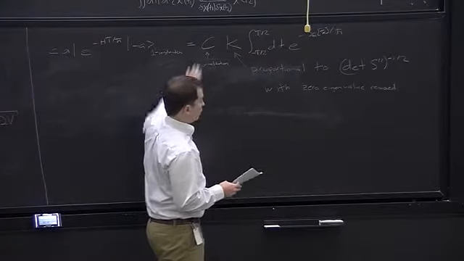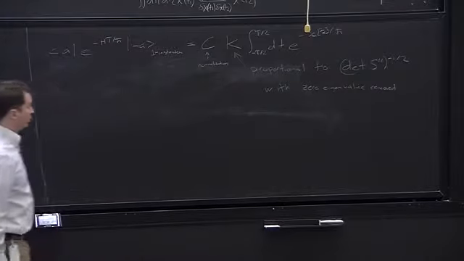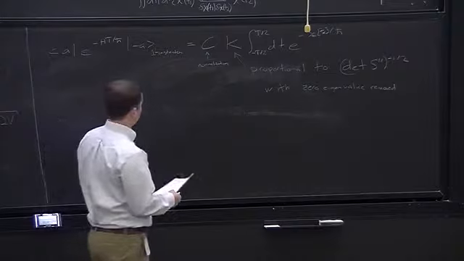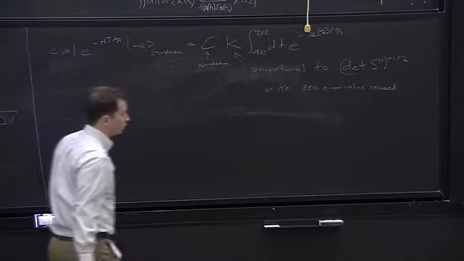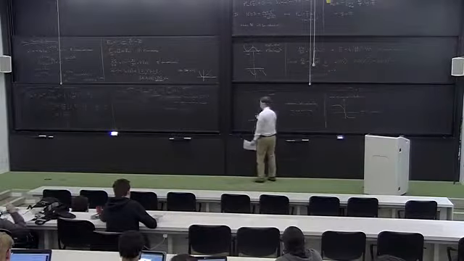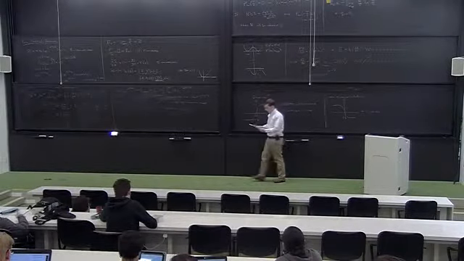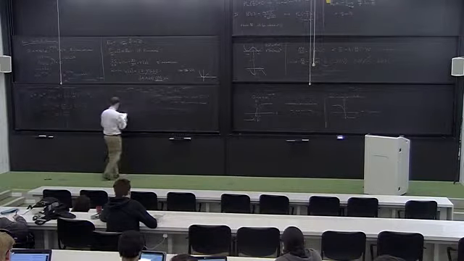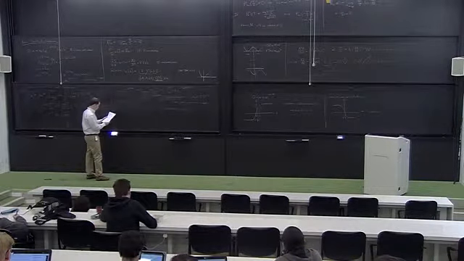But these are not all of the saddle points. There are more. To see that, you note that the instantons are localized. I argued that they're localized, with a size of order 1 over omega.